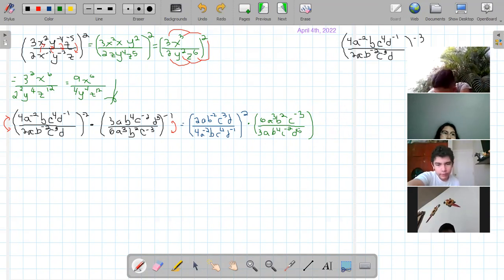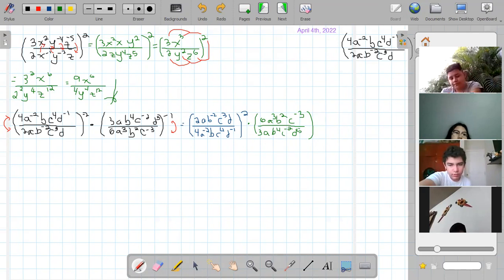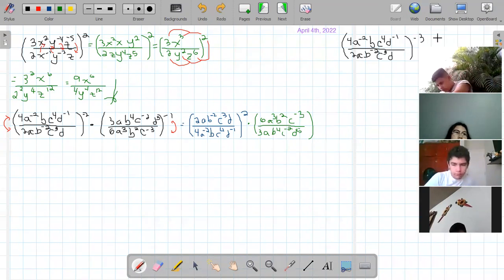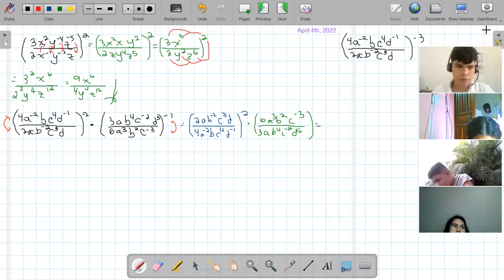Okay, what's my next step? My next step will be to simplify the inside of my parentheses, okay, if possible. So question, can I simplify the 2 and the 4? Yeah. By what number? By 2.